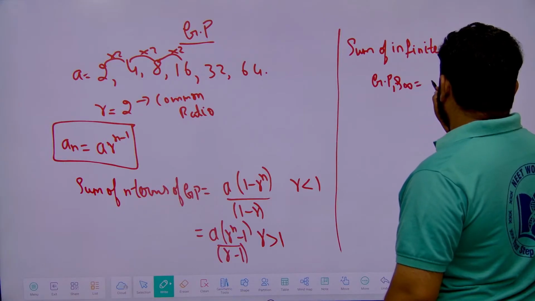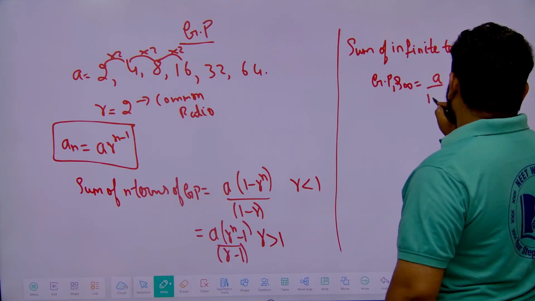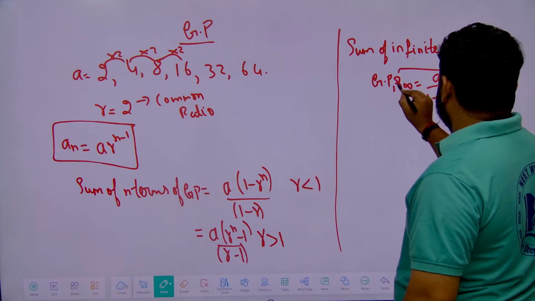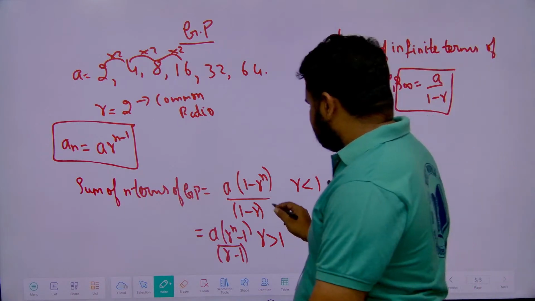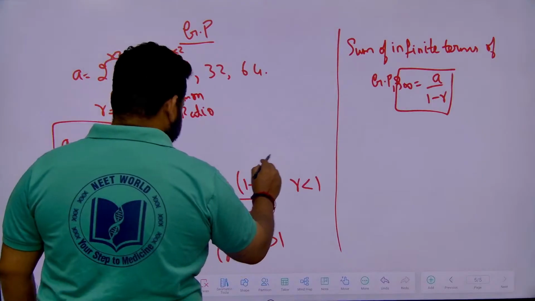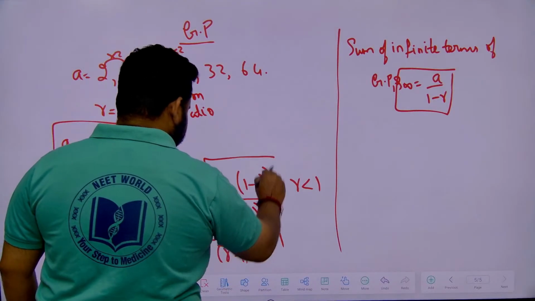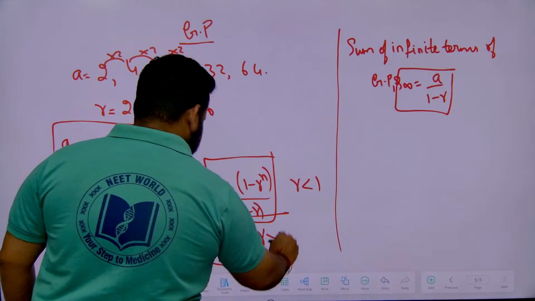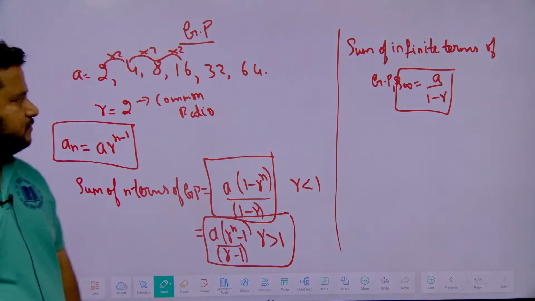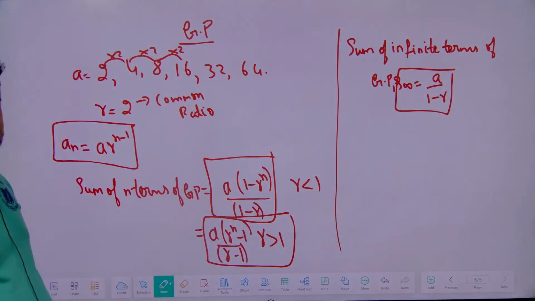S infinity is equal to A by 1 minus R. This should be A by 1 minus R. This box, write down this. That's all. These 4 boxes you write down, it is enough.